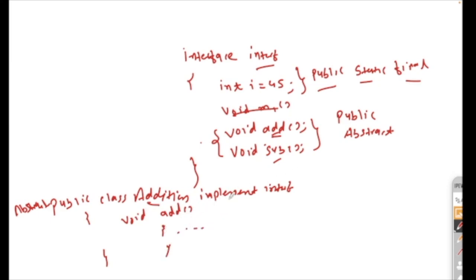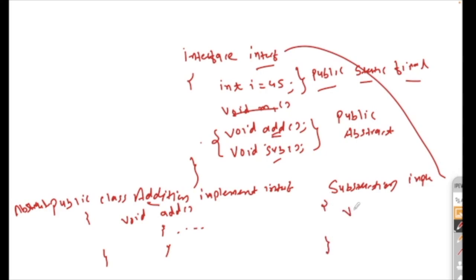Same way I will create another class, and the name of the class will be Subtraction. This Subtraction class also will implement this interface. Now if you are implementing it, you have to provide implementation for all the methods, but inside this class I know only about the sub method, so let me make this class abstract and then provide implementation for the sub method.